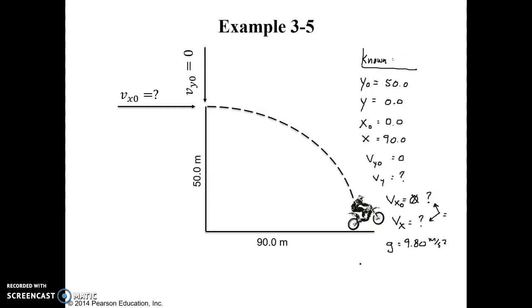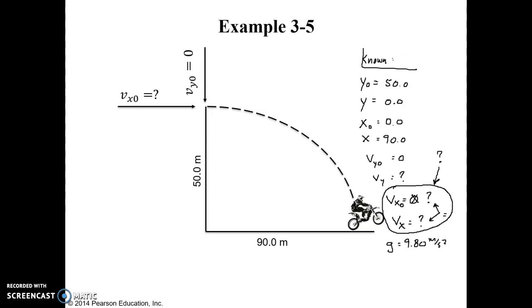So we take what we know and what we want to know. What we want to know is this initial x velocity. We want to know how fast does the motorcycle need to be going in order to land 90 meters away from the base of the cliff. That's what we're looking for.